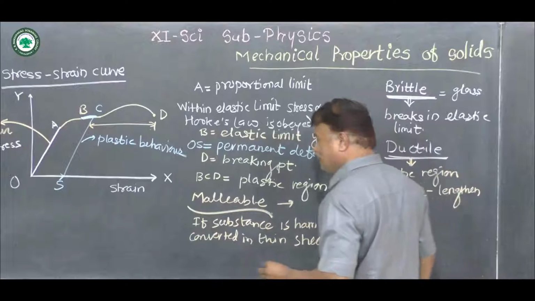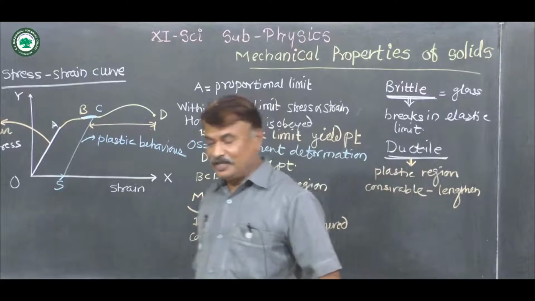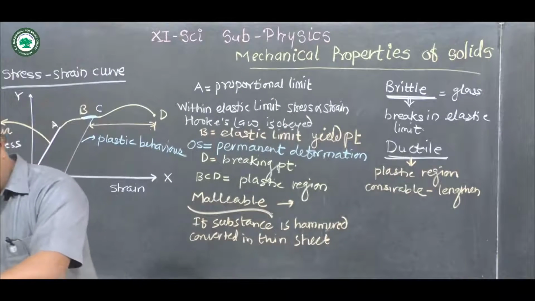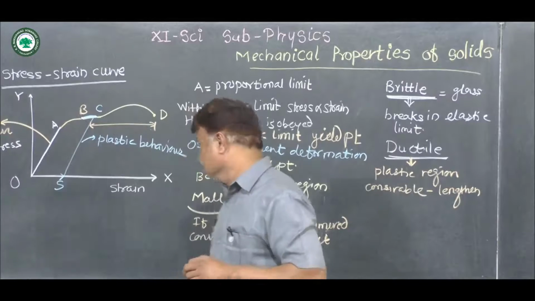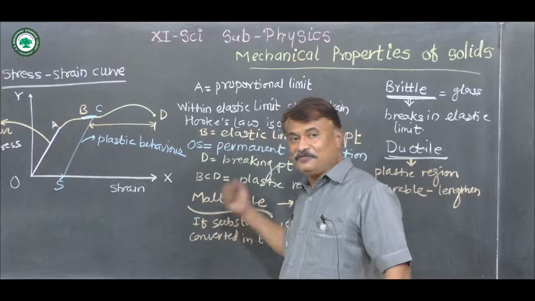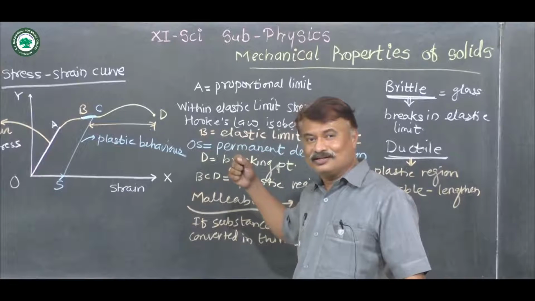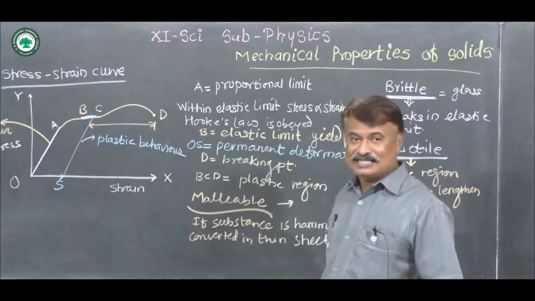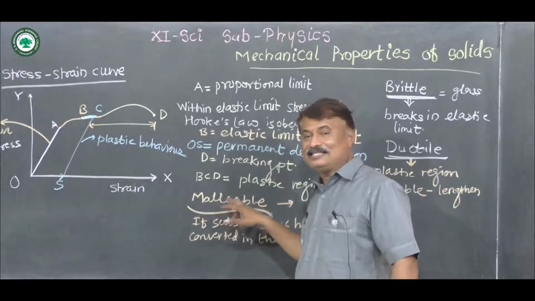Such substances are called as malleable. If you consider gold, silver, these are called as malleable substance. If we hammer this silver or gold, then it is converted into thin sheets, and that's why such substances are called as malleable.